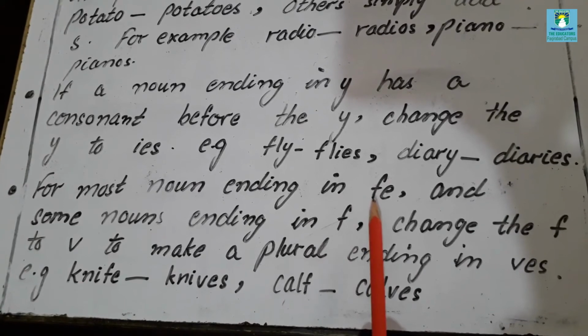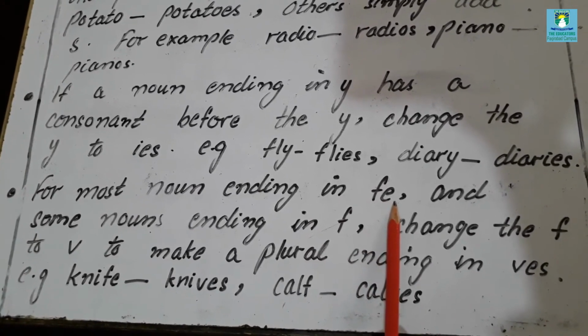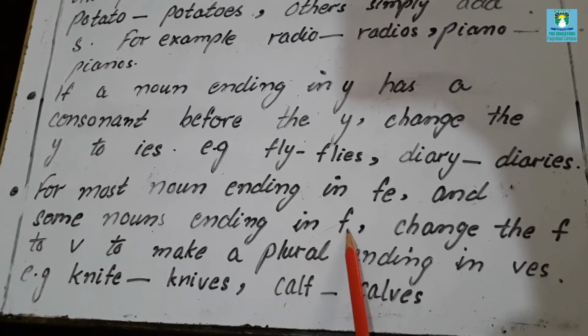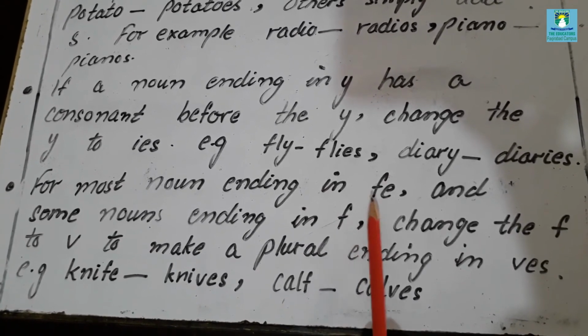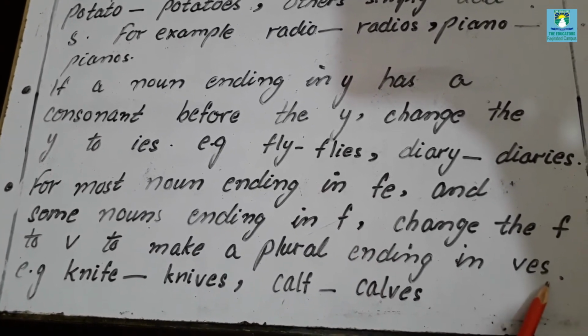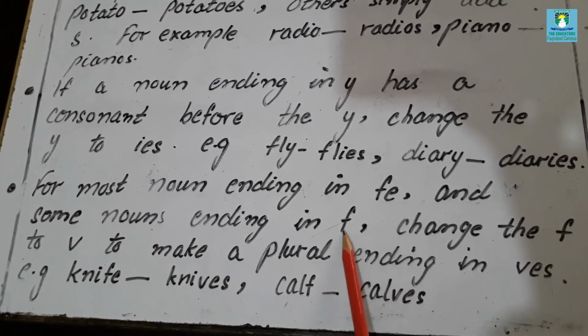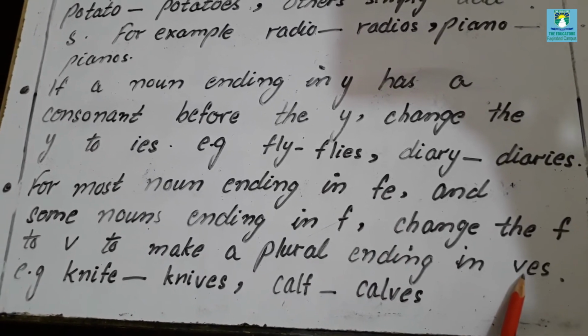Those nouns which are ending in fe or f, we can make plural by converting f or fe into ves.